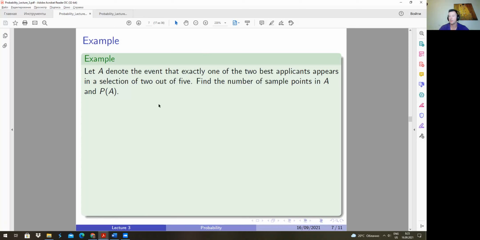So try to think about this. How would you approach this problem? How would you calculate the number of sample points in this A such that you have exactly one of two best applicants in your selection?